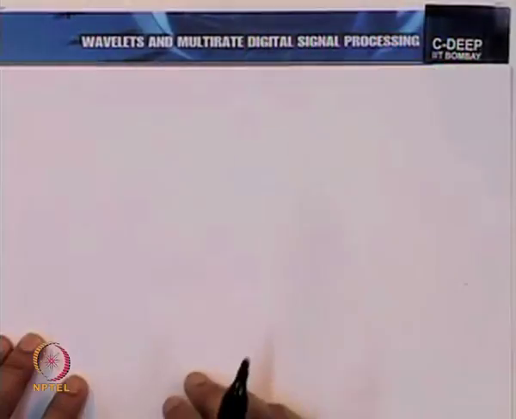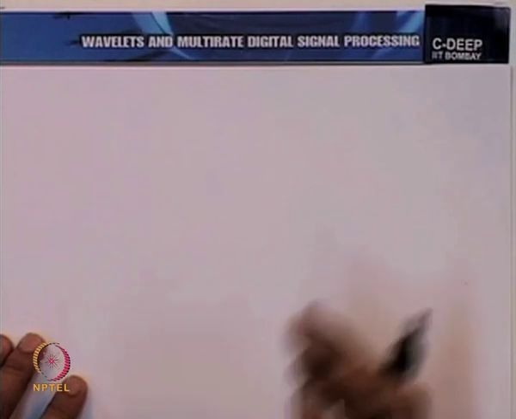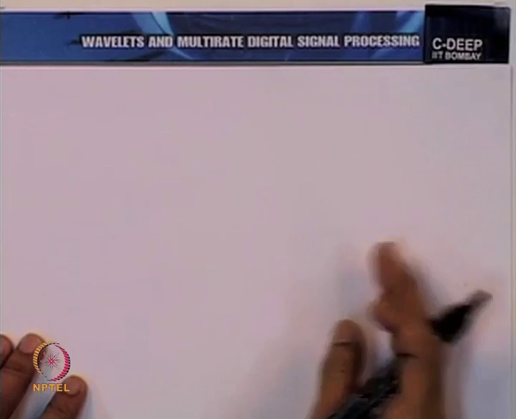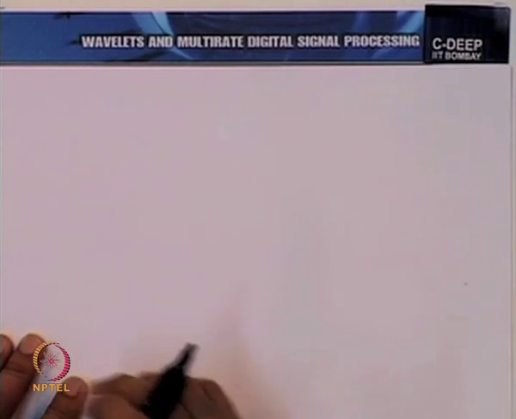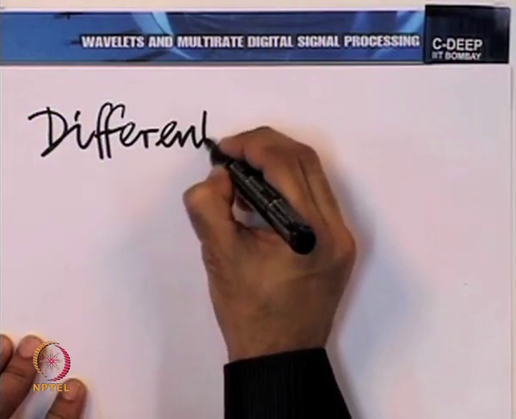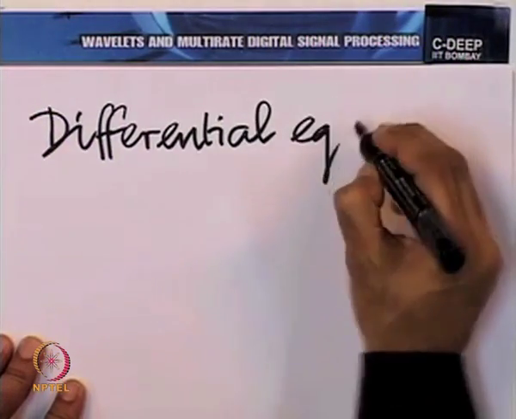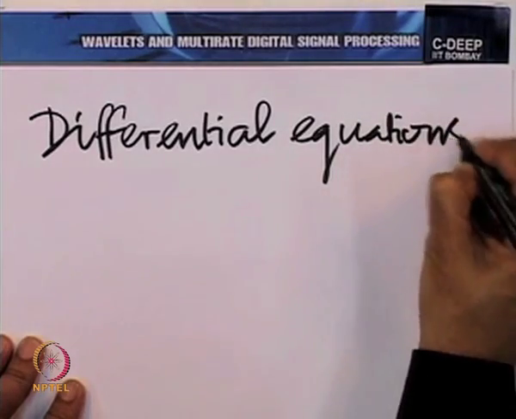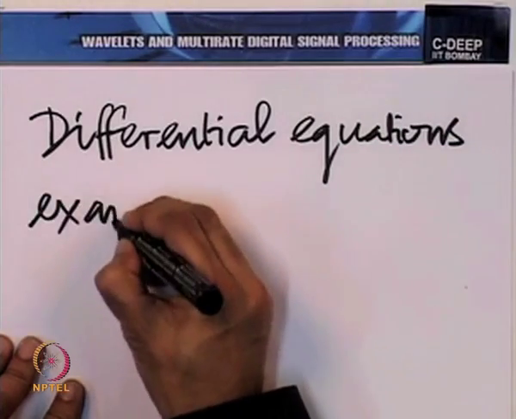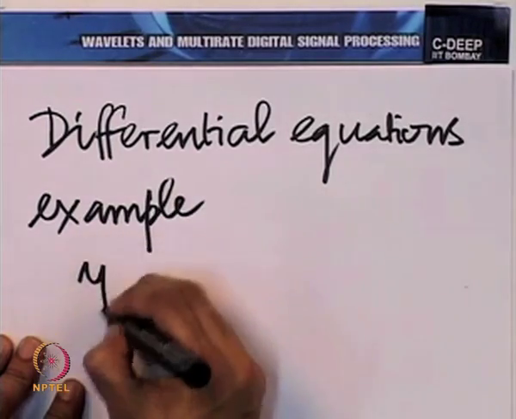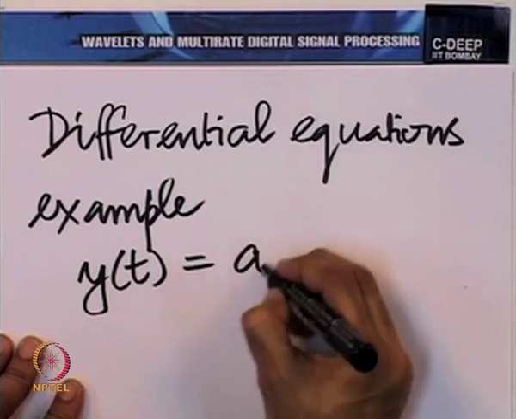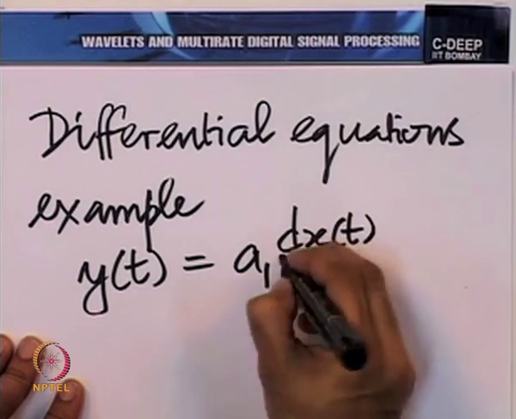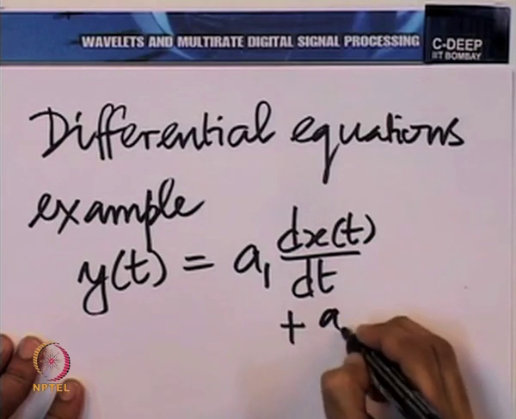So, let us take the first of the two dilation equations. Incidentally, just as you have differential equations, you have difference equations, you have dilation equations here. So, we often encounter differential equations, example could be y(t) is a1 dx(t)/dt, let us say, plus a2 x(t).